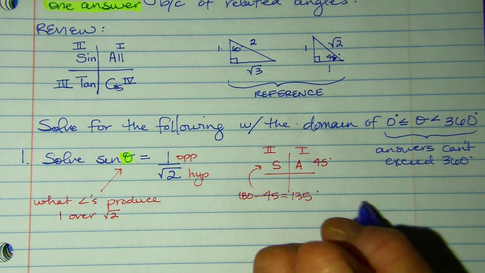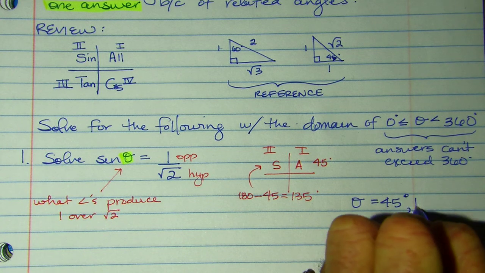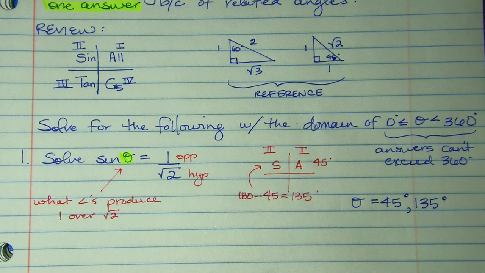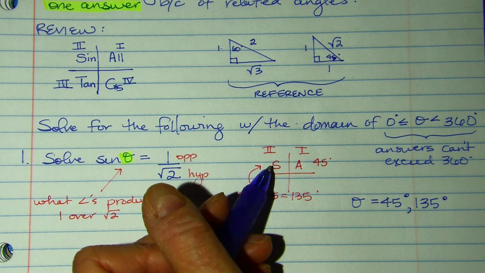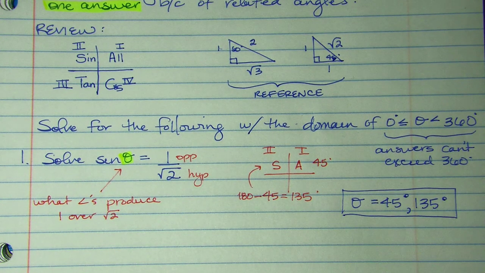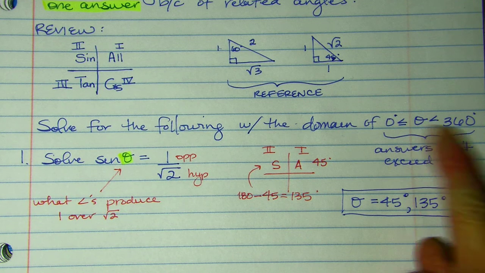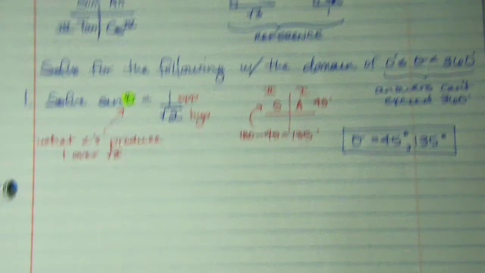So theta can equal both 45 degrees and 135 degrees because it also produces a 45 degree relationship in quadrant 2. And so these are my answers. Notice these are both positive, so I'm not even going to go to the negative degrees.